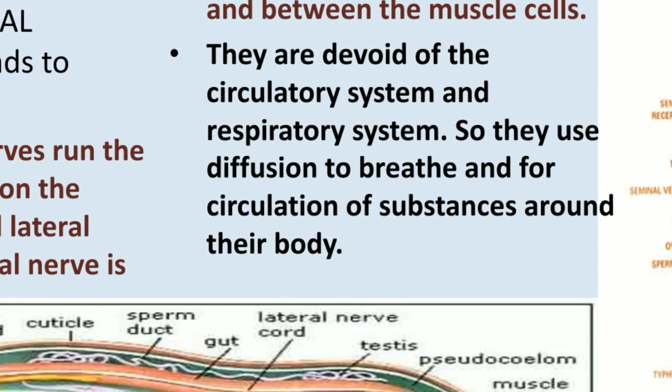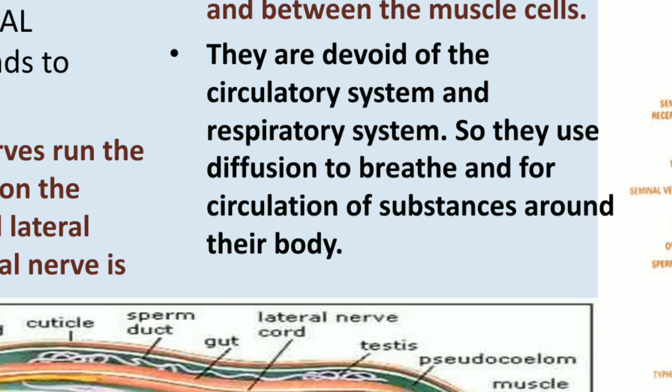There is no circulatory system like blood, and no respiratory system as in the higher organisms, where inhalation or exhalation of air or exchange of gases takes place. So they use diffusion to breathe and for circulation of substances around their body.